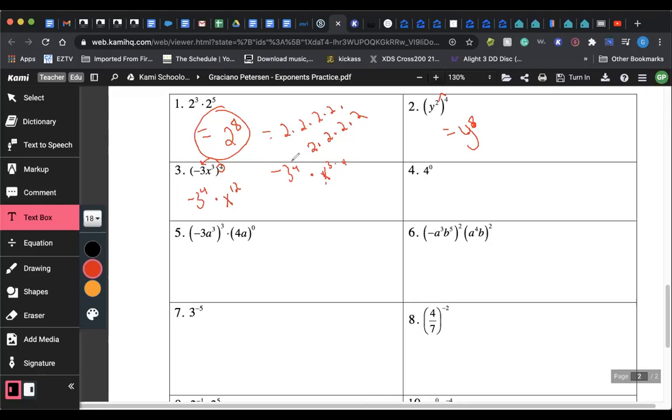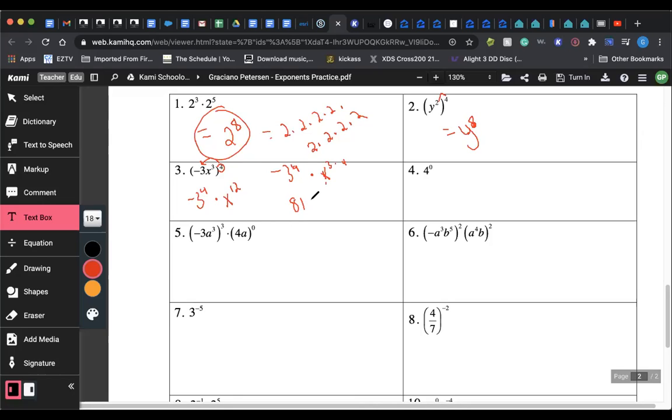Okay, so what's -3 to the fourth power? It's going to be -3 times -3 times -3 times -3. So it's 3 3's 9, 9 3's 27. And then it's x to the third.